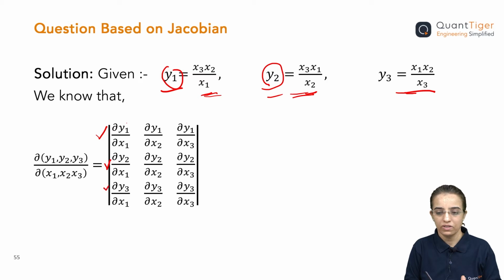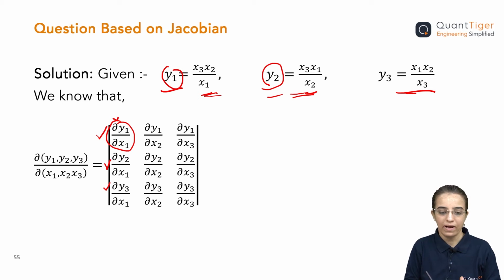And in the third row similarly I have differentiated y3 with respect to x1, x2 and x3. So this is how the Jacobian determinant will come. Now the next thing is I have to find each of these terms' values so that I can substitute them in this determinant and simplify it to get the final value.